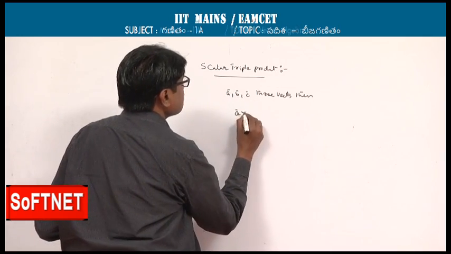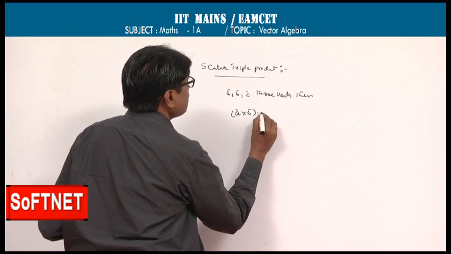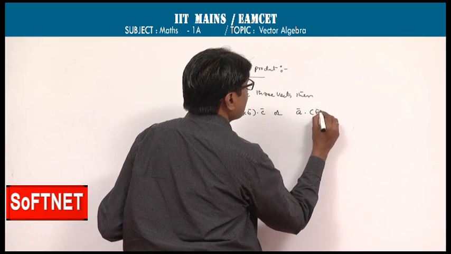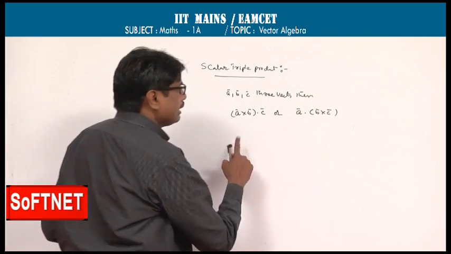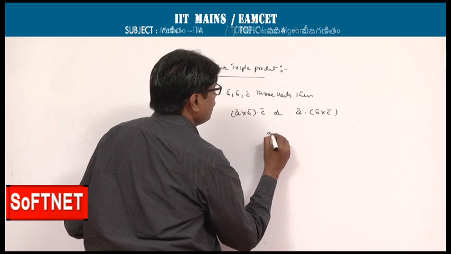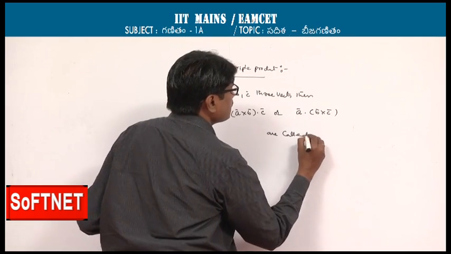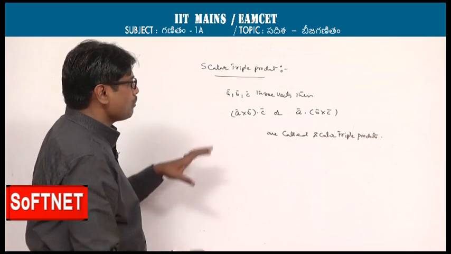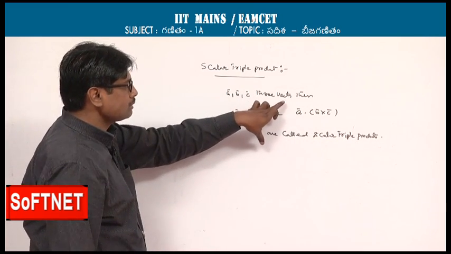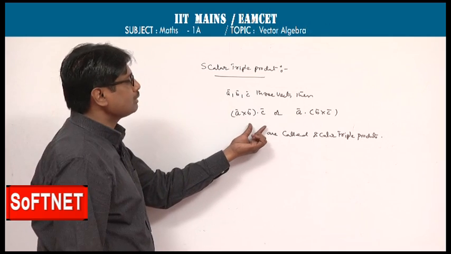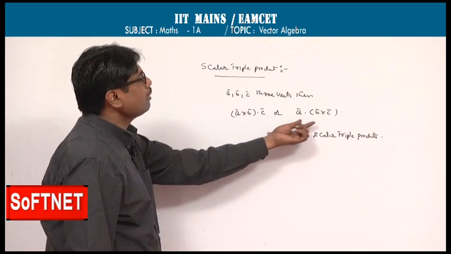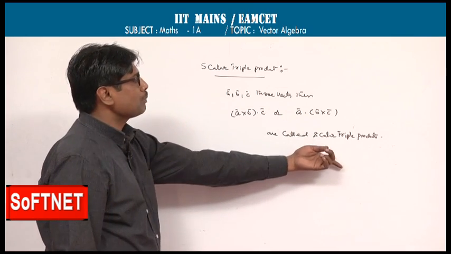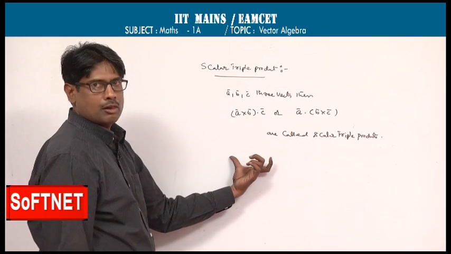A bar cross b bar dot c bar or a bar dot b bar cross c bar. These two products are called scalar triple products. If a bar, b bar, c bar are three vectors, then a cross b dot c or a dot b cross c, these two products we call the scalar triple product of the three vectors.